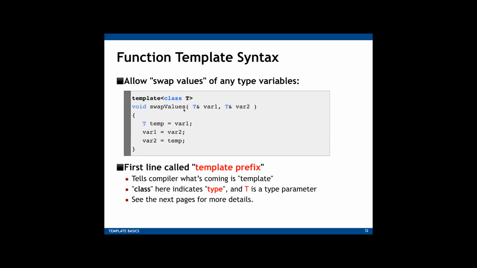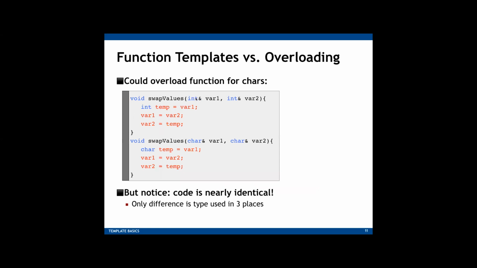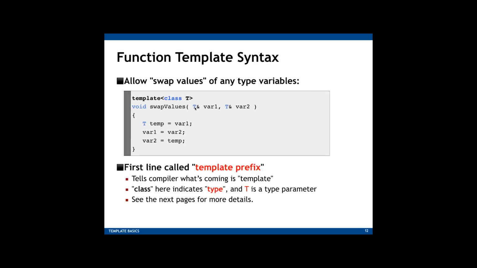If you look at the original version of the swap value functions, we specify int here and char here. Instead of specifying int and char types, we write the type parameter T here. That's the difference between ordinary functions and function templates.